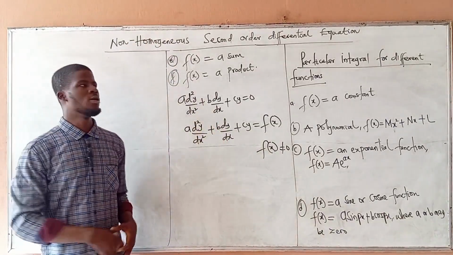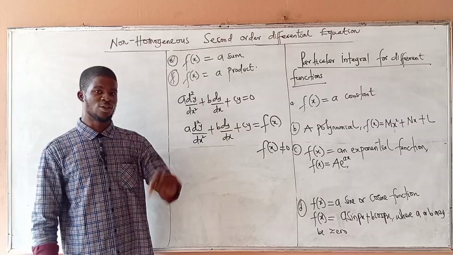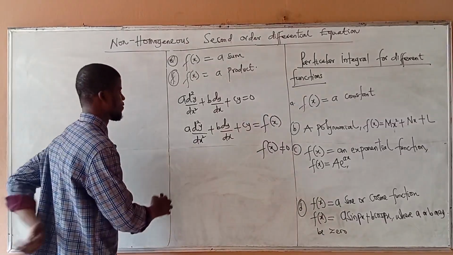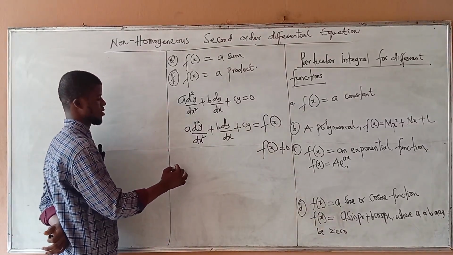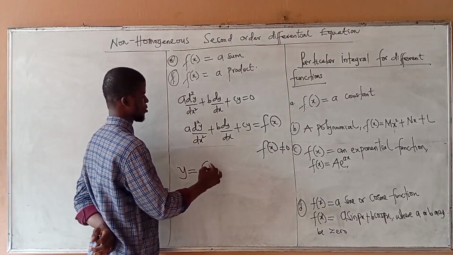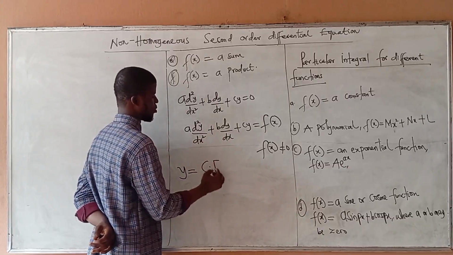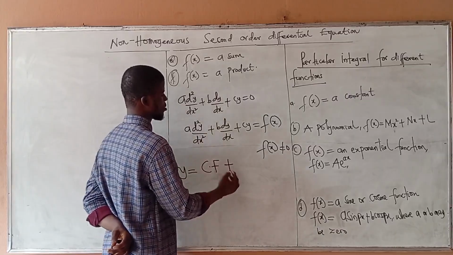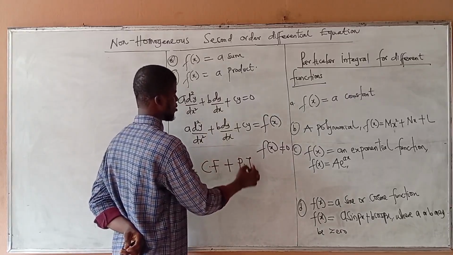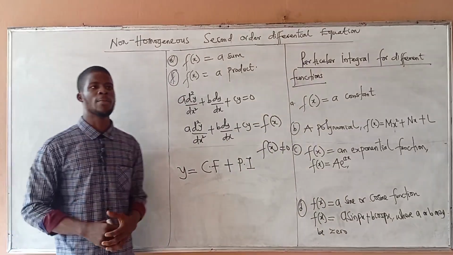For a non-homogeneous second order differential equation, the solution of the equation is usually like this: y equals complementary function (CF) plus the particular integral.